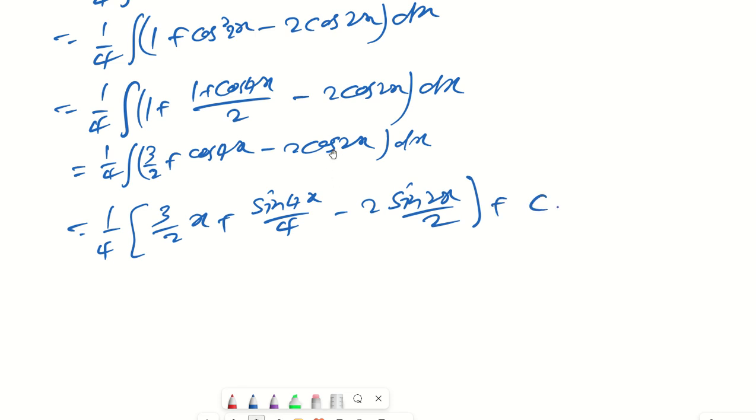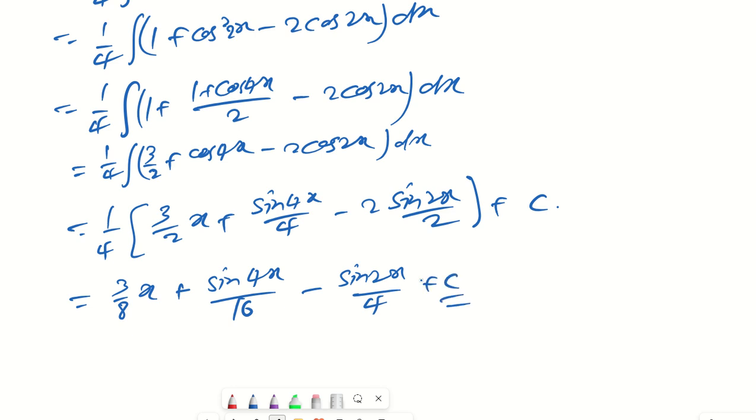We know the integral of cos x is sin x, so cos 2x is sin 2x by 2, because 2 is the constant. Okay, if you want, you can take this constant inside, so the final solution is 3 by 8 x plus sin 4x by 16 minus, the 2 will get cancelled, so simply sin 2x by 4, plus some constant c. So this is your solution.